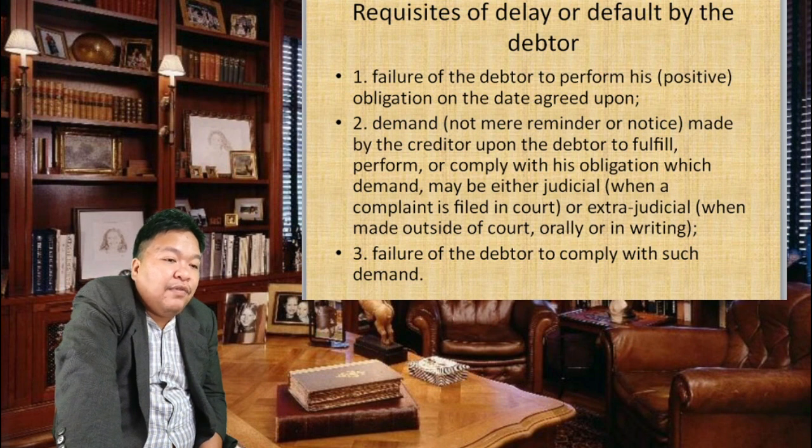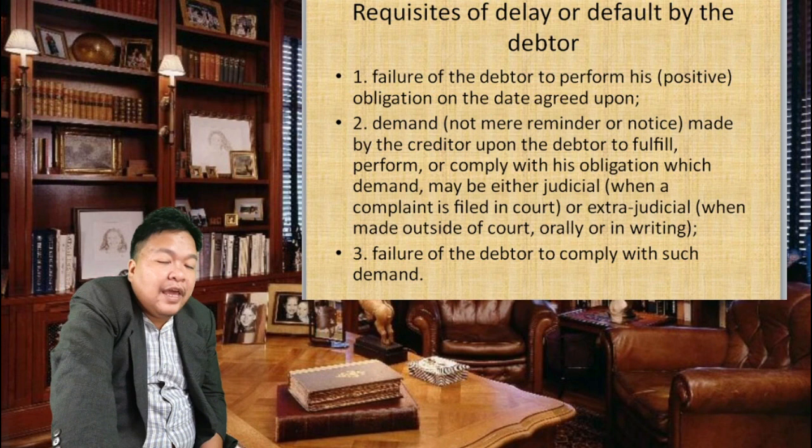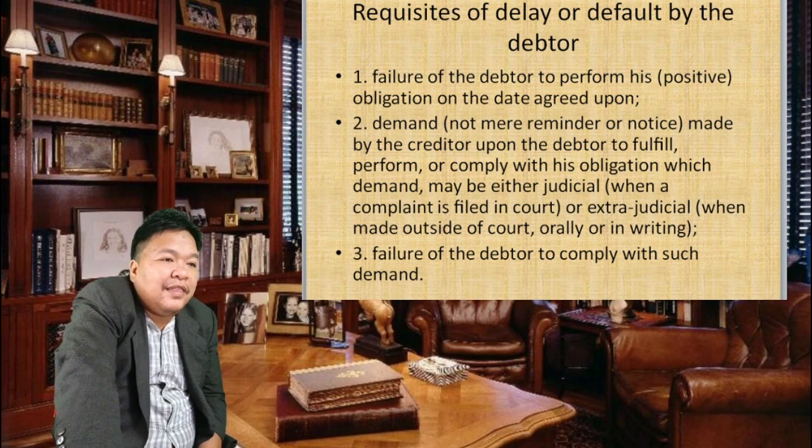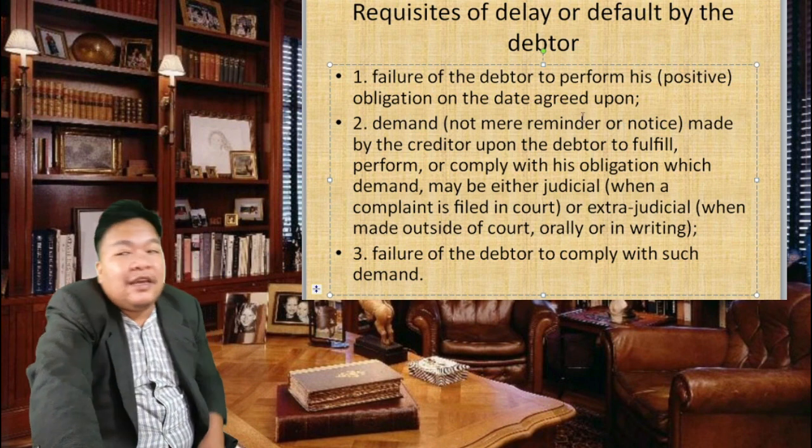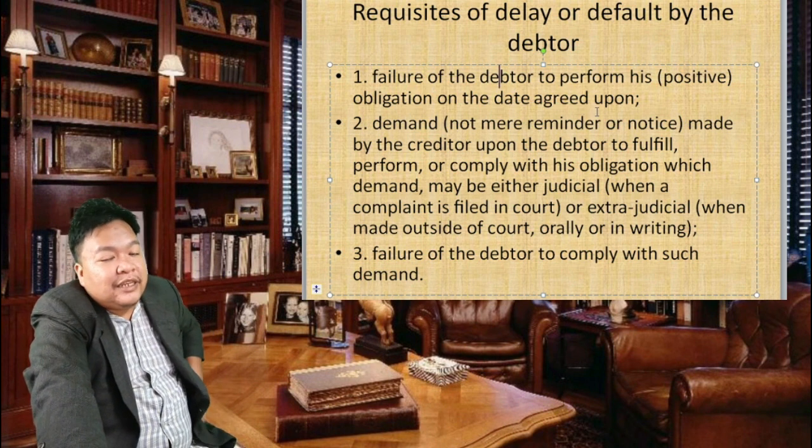In a contract of loan where X borrowed money from Y last January 2020 and he promised to pay today, kasi nga 11/11, the failure of the debtor, the one who borrowed the money, si X, is to perform the obligation, which is to pay the loan amount kay Y.